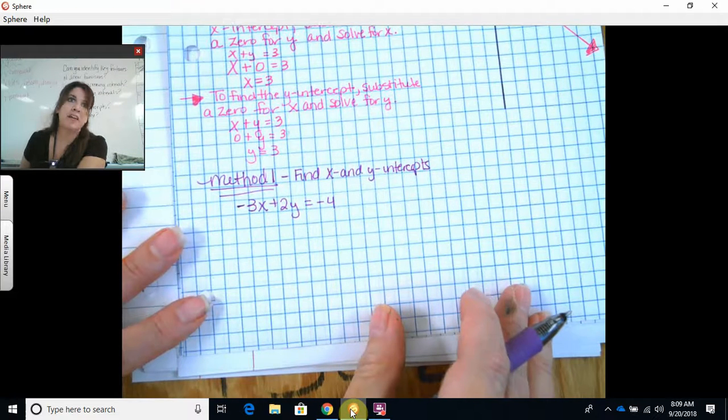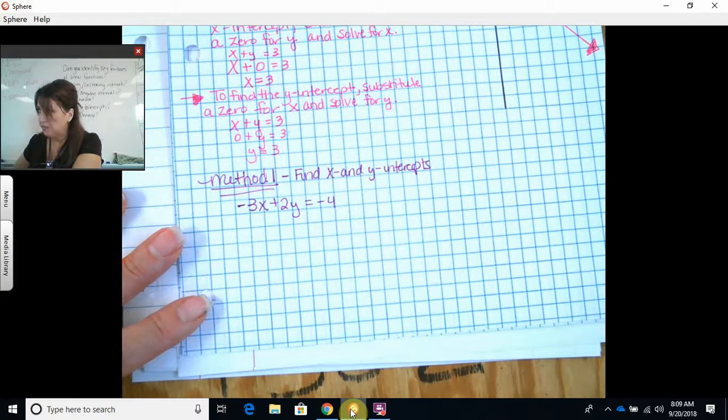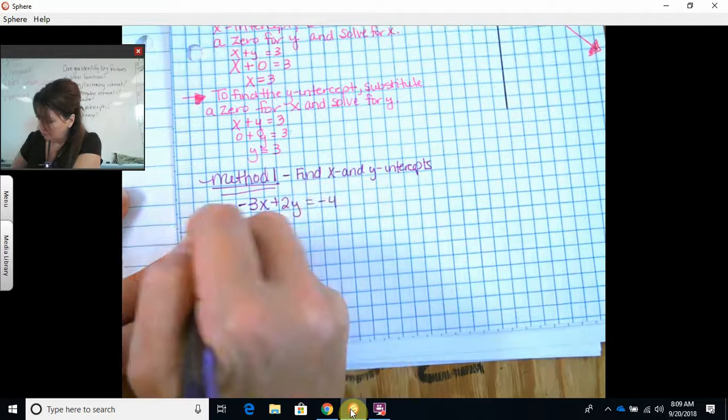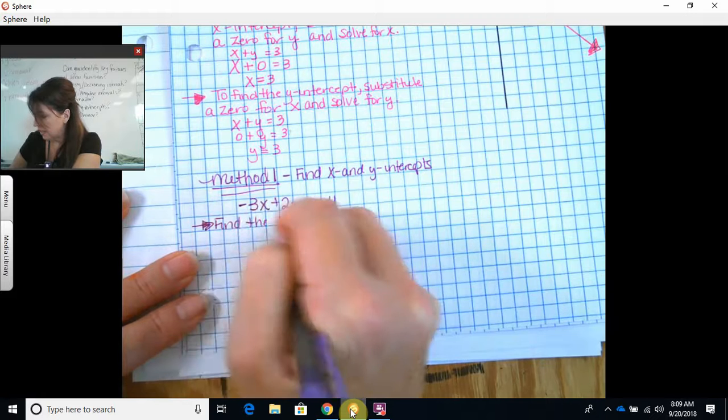And it doesn't matter if you find the x-intercept first or the y-intercept first. That doesn't matter because you have to find both of them, right? Okay, so since we found the x-intercept first above, let's just do that again. Find the x-intercept.